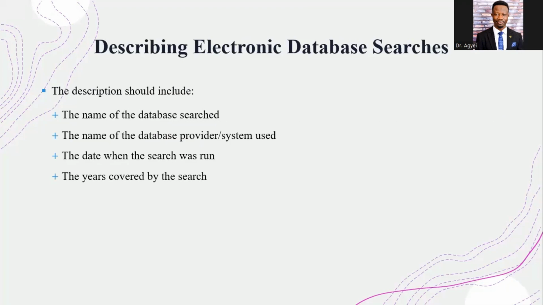For instance, if you are using electronic database searches, then the description is supposed to tell them the name of the database, the name of the database system or provider, the date when you did the search, and the years covered by the search. So you need to be able to document those things.